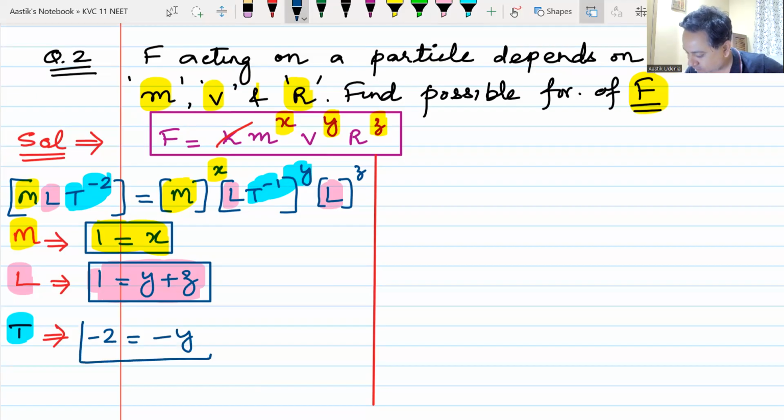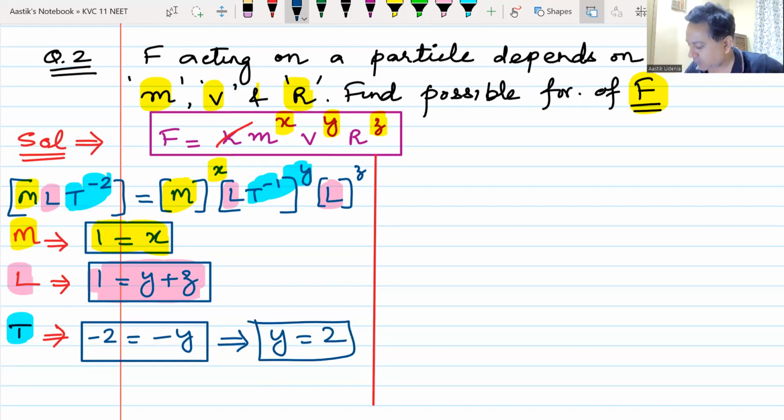Yes, sir. So from here I can get the value of Y as 2. The pink one has been solved. This pink is not pink, it is blue. I am getting colorblind as well. Y is 2.